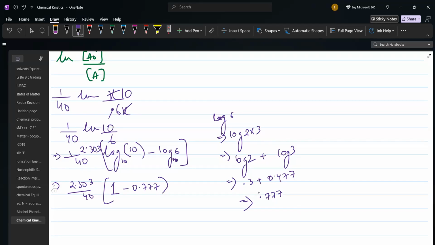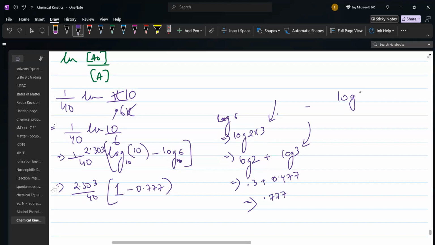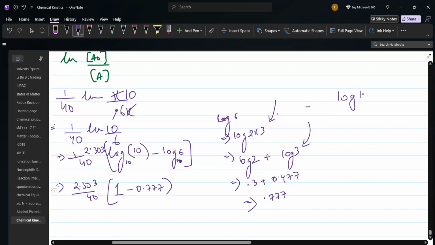Have you done this, or were you stuck in finding log of 6? I think you both were stuck there only. So the other way to solve this is you can simplify this as 5 upon 3, then you will get log of 5 minus log of 3.